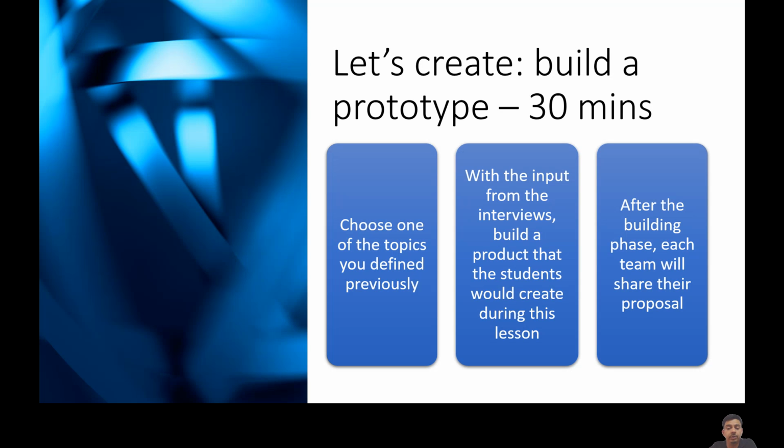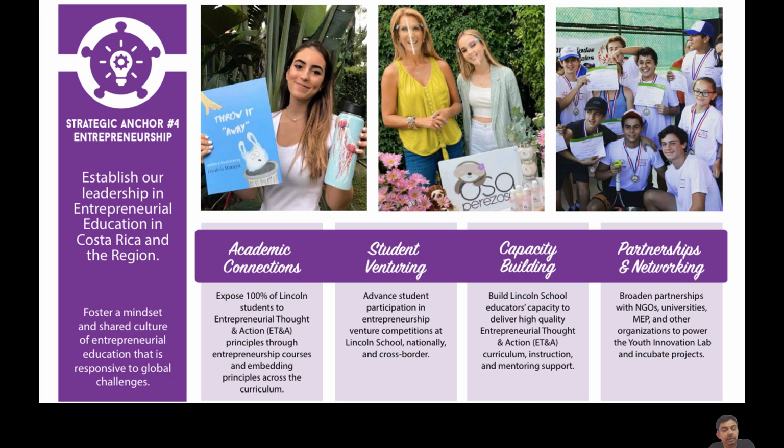Okay, so after this creation and prototyping, the next idea is to align. Okay, we're going to be starting alignment. And for this, we're going to be discussing what it means for Lincoln School as a school to have the strategic anchor number four being entrepreneurship, right?